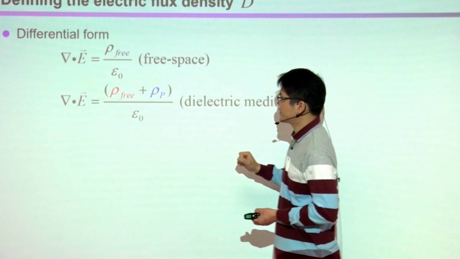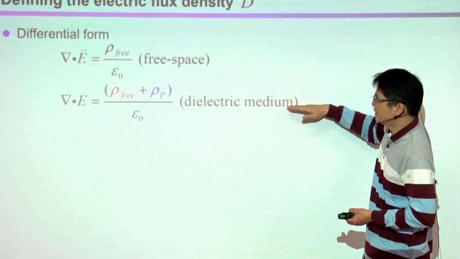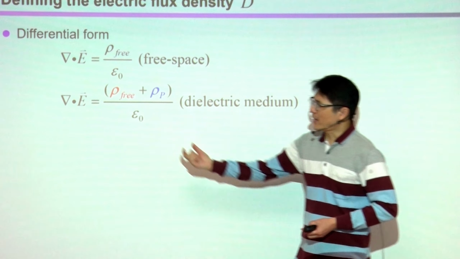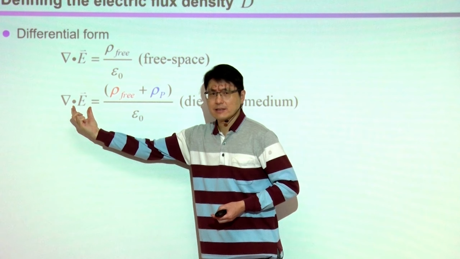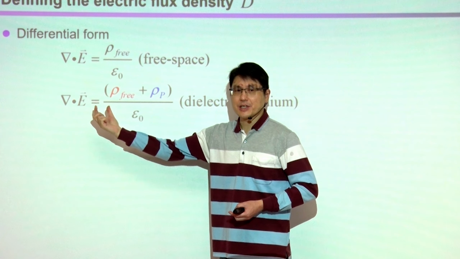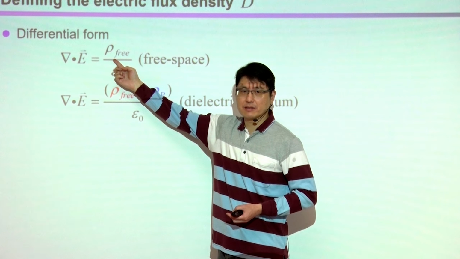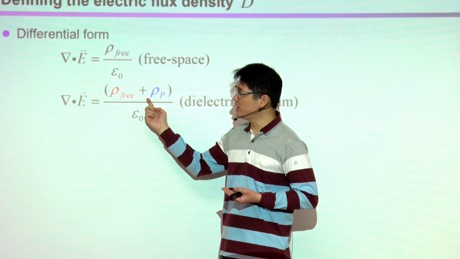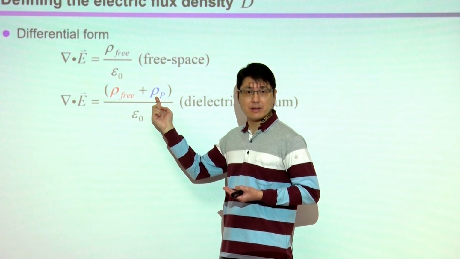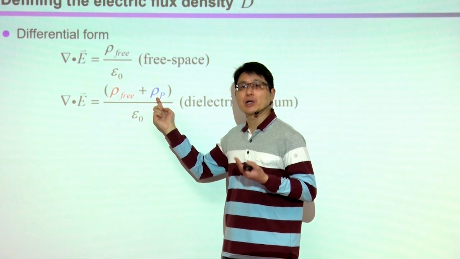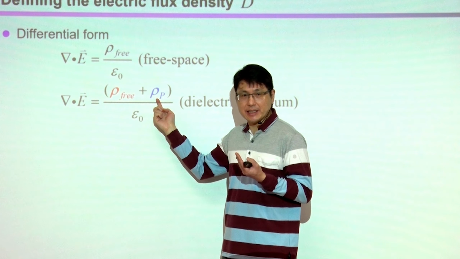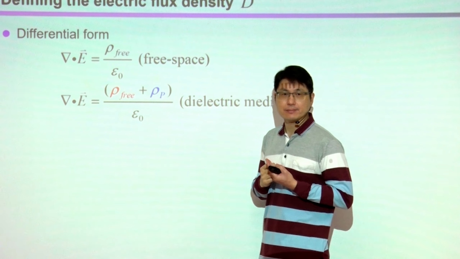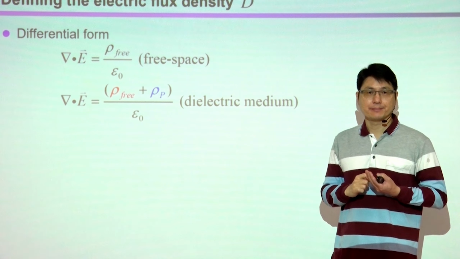So in this case, when we're talking about a dielectric medium, divergence of E is no longer just comprised of the free charge densities, but we also need to take into account the charge densities created by the polarization factors. Okay?